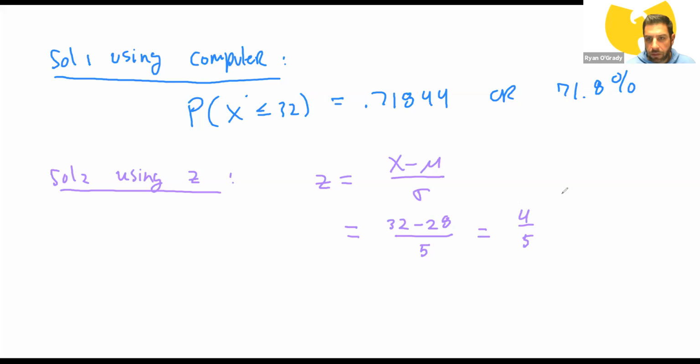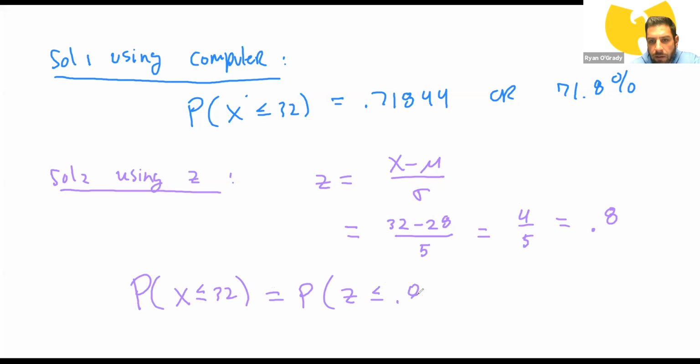Of course, we've been using decimals, so 4 divided by 5 is 0.8. And so we know that the probability x is less than or equal to 32 is the same as the probability that z is less than or equal to 0.8.